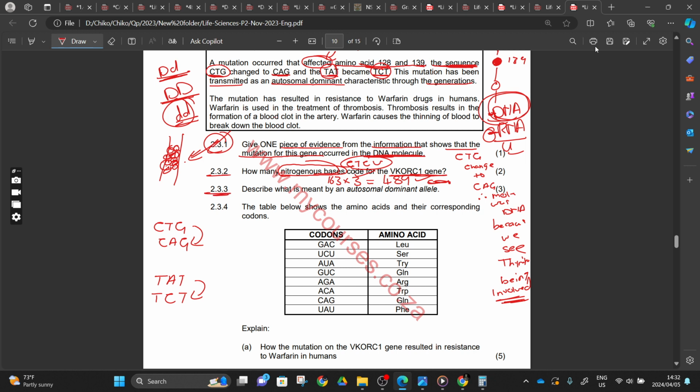Then 2.3.3. Describe what is meant by an autosomal dominant allele. It's 3 marks, right? So to describe what is meant by this, you have to make us understand what they are saying when they say an autosomal dominant allele.